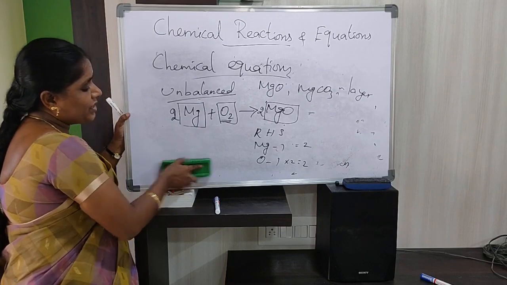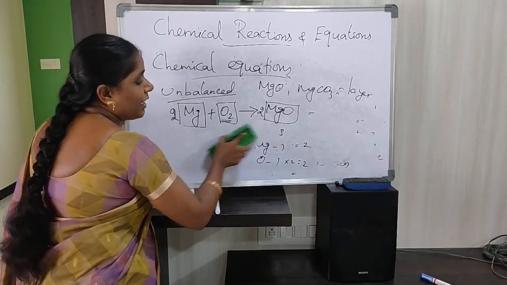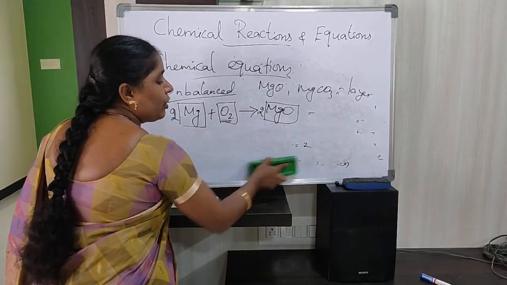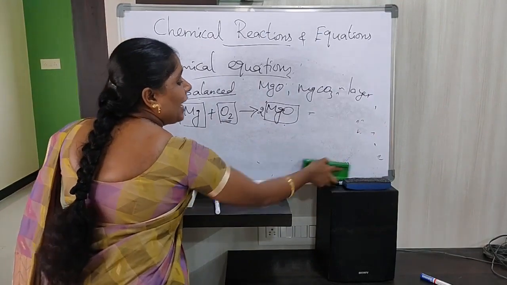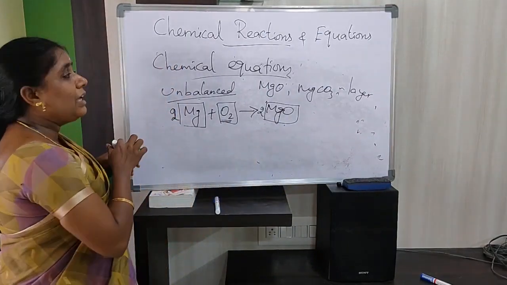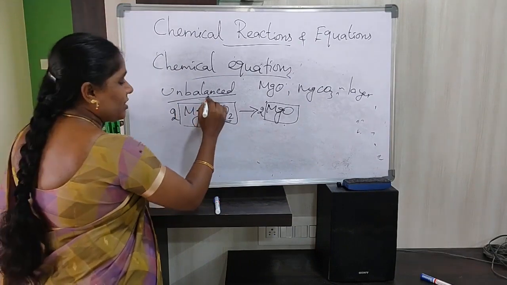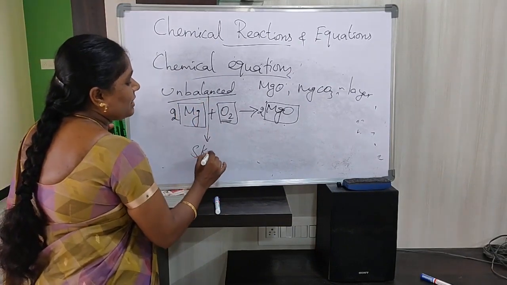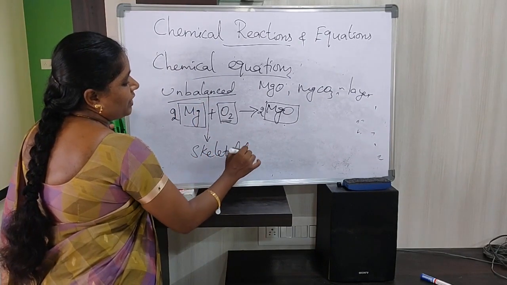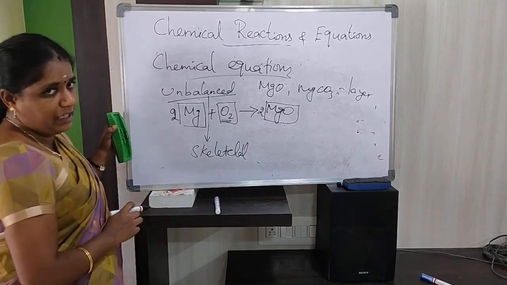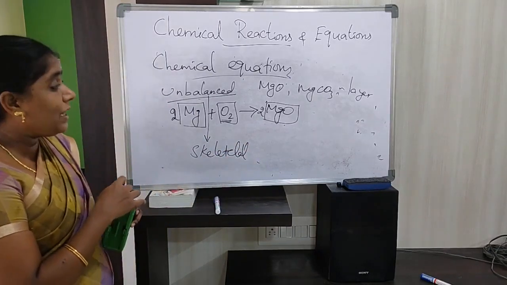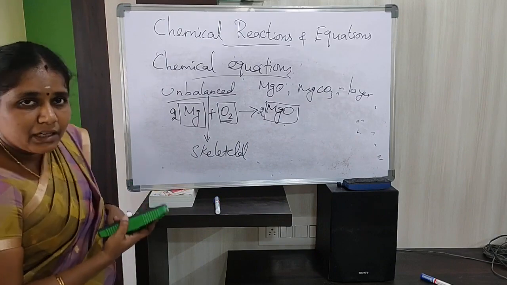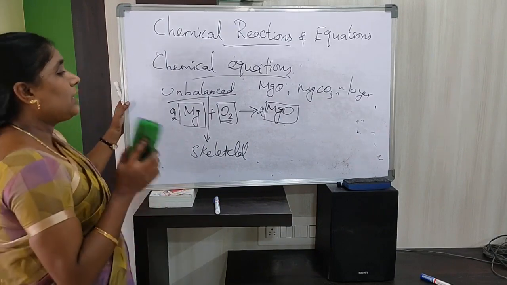This type of equation is called a balanced chemical equation. And you know very well the name of an unbalanced chemical equation: it is called a skeletal chemical equation.